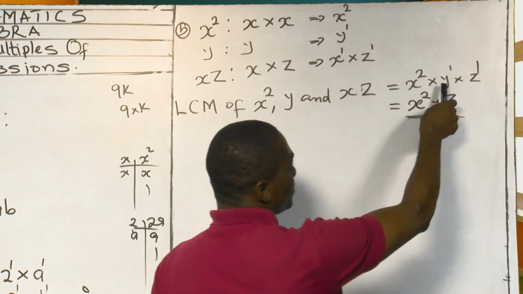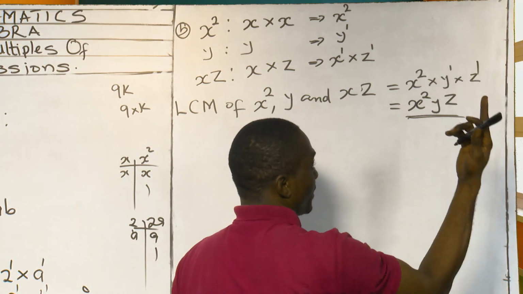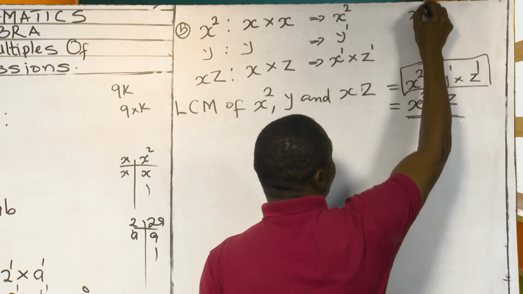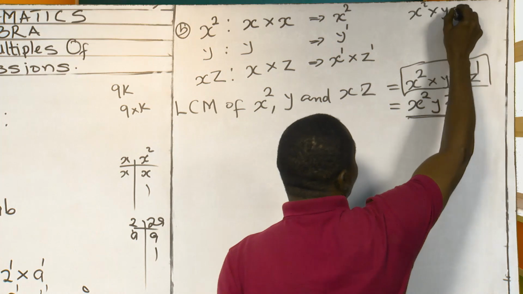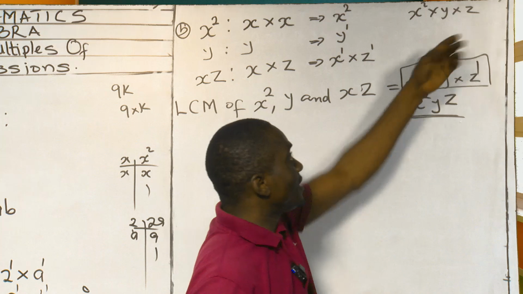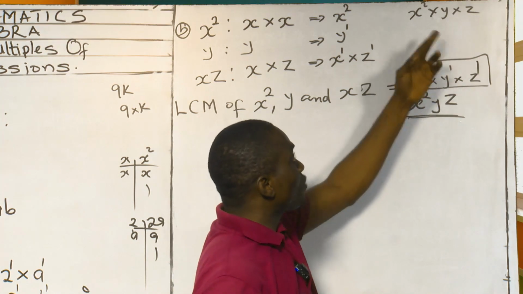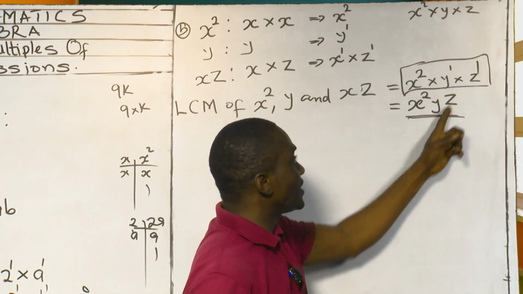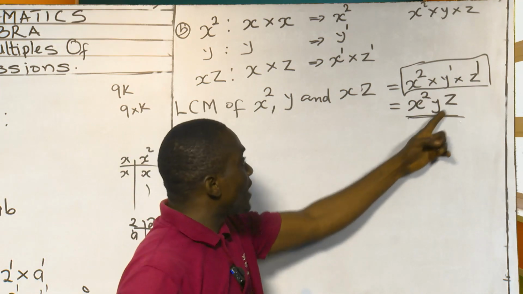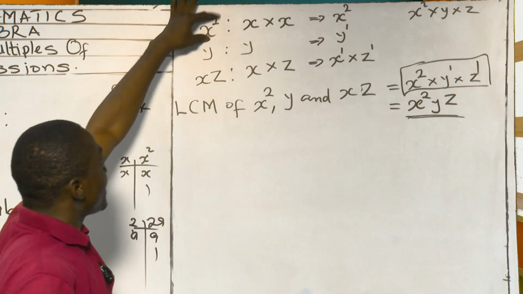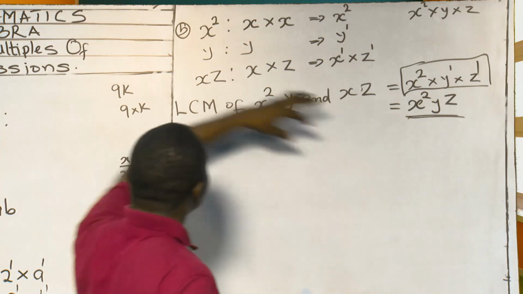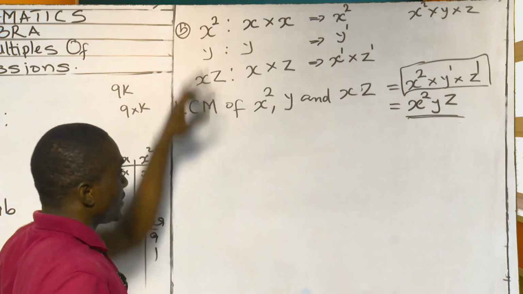You can say Y raised to power 1 will give us Y. All this will give us S squared multiplied by Y multiplied by Z. S squared times Y will give us S squared Y, and S squared Y multiplied by Z will give us S squared YZ. That is all. So it means that S squared YZ is divisible by S squared, it's divisible by Y, and it's also divisible by XZ.